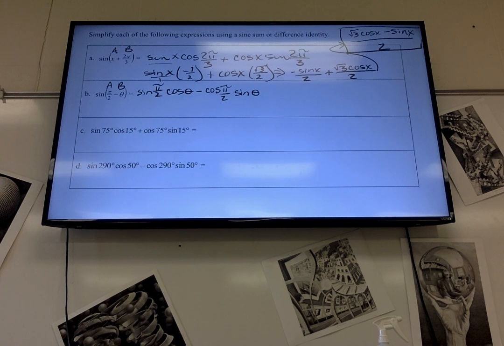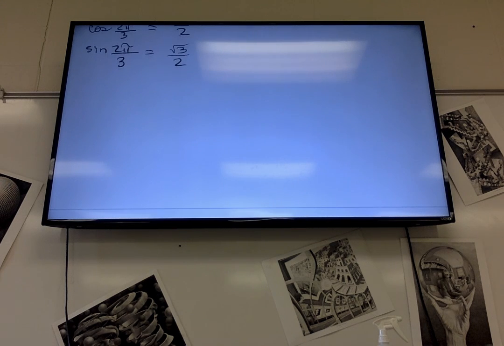Now, does anybody know off the top of your head what pi over 2 is? It's 90, yes. That's when we should know. So since it's 90, I don't use a triangle, I use a unit circle. And pi over 2, or 90 degrees, is up here. So that point is 0, 1.